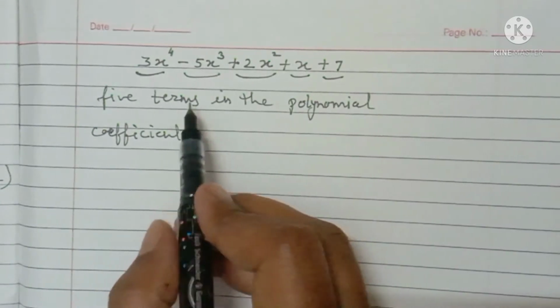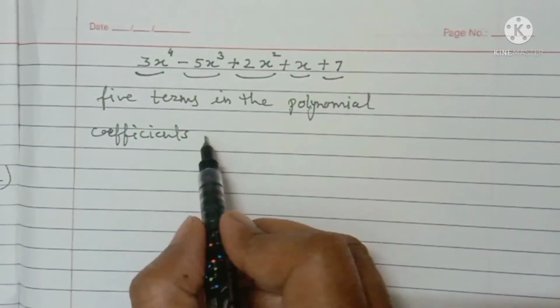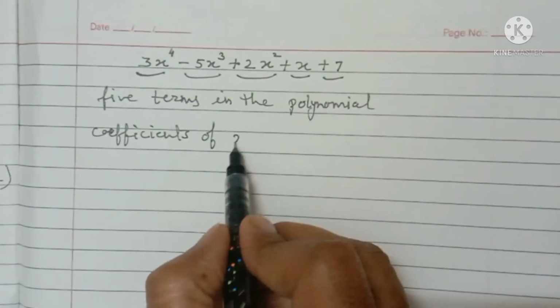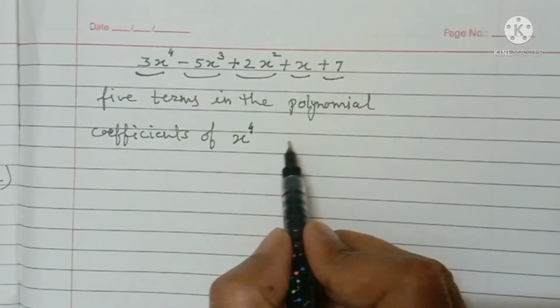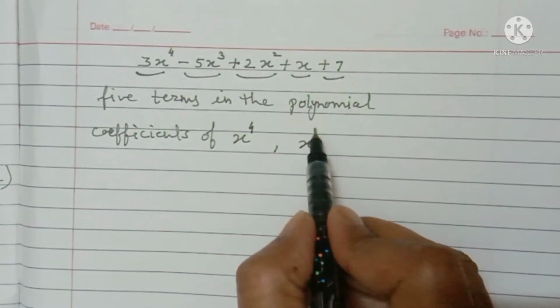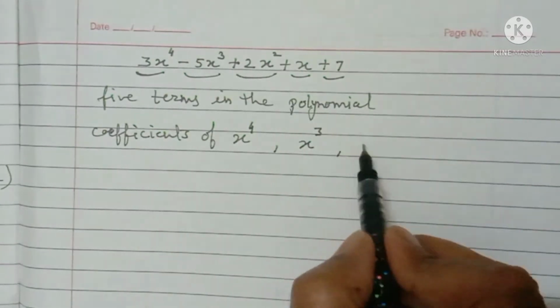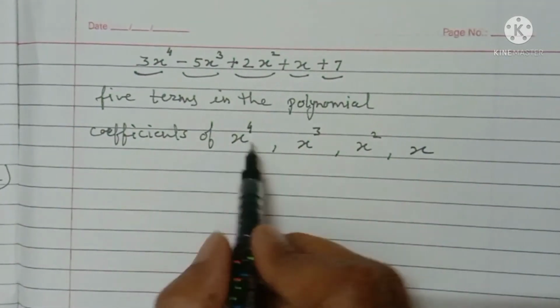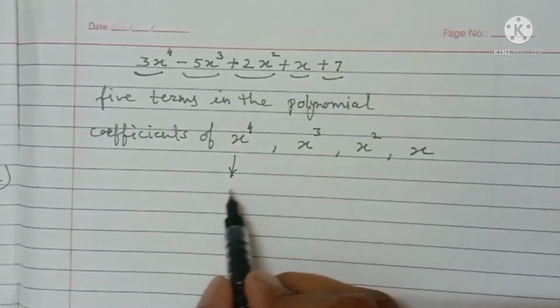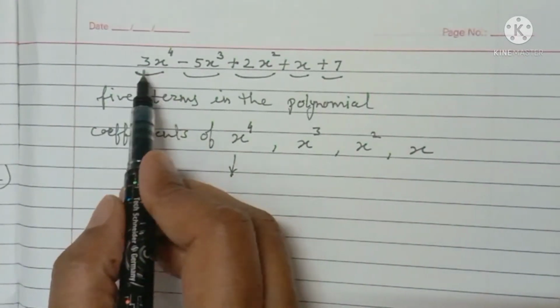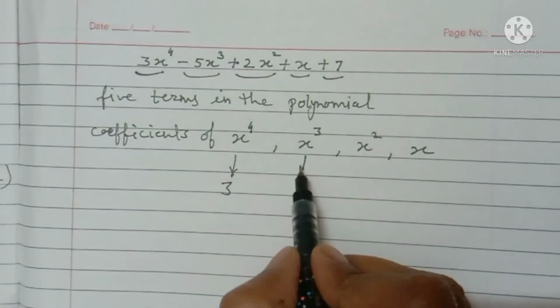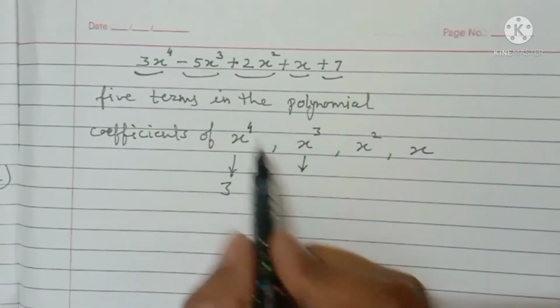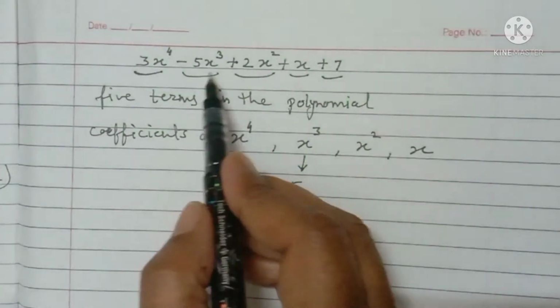Coefficients of x to the power of 4, x cube, x square, x are: for x to the power of 4, 3 is the coefficient. For x cube the coefficient is -5.